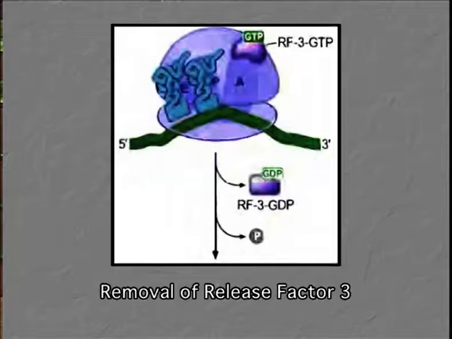So we can say here that once release factor 1 or the class 1 release factor is released, release factor 3, which is bound there in the GDP state, no longer retains its affinity towards the ribosome, and it also releases the ribosome.